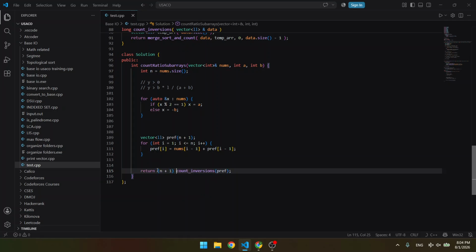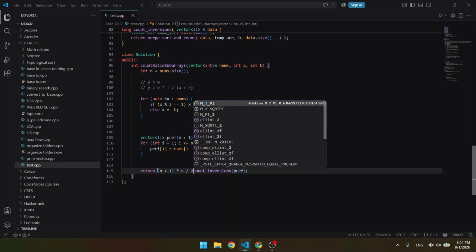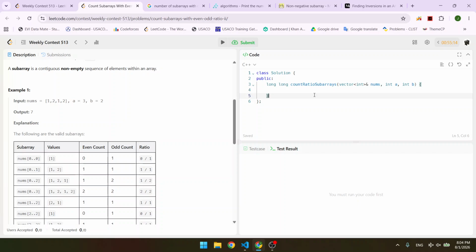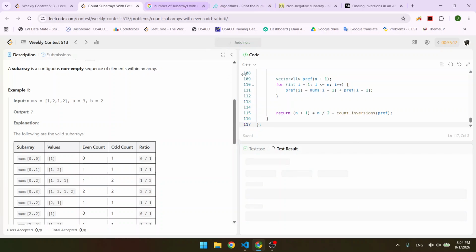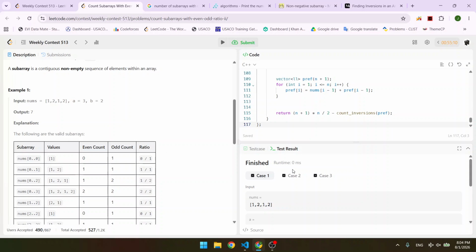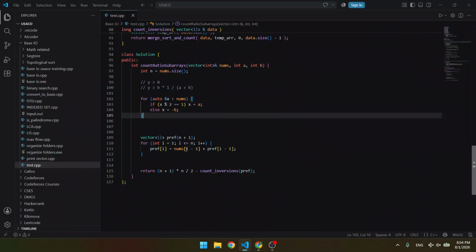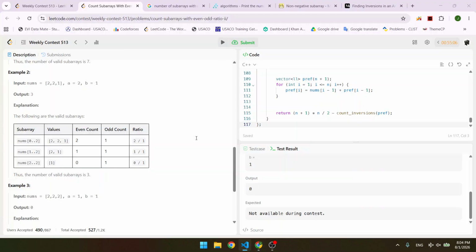10 plus 1 times 10 divided by 2 minus 7, 3, and 0. Does this count if y equals 0?